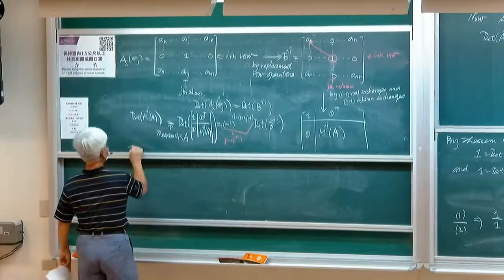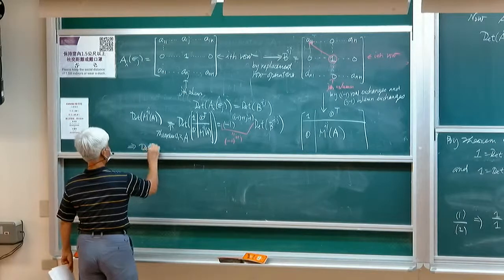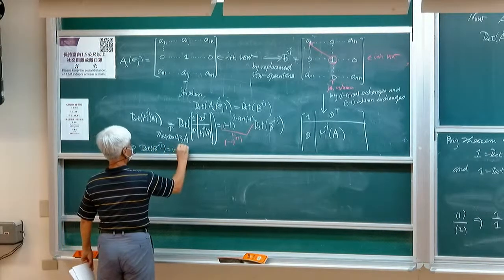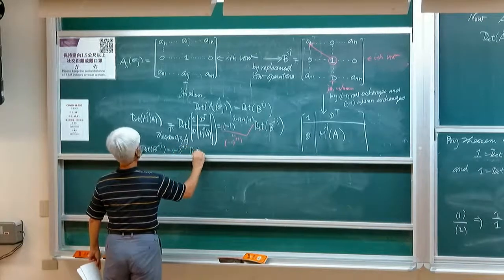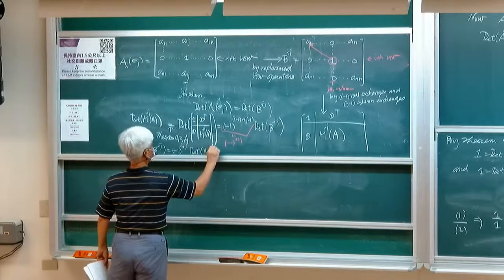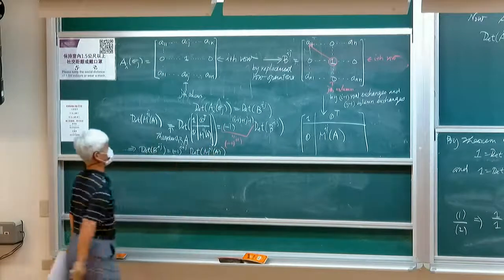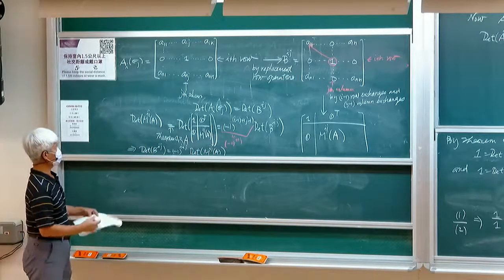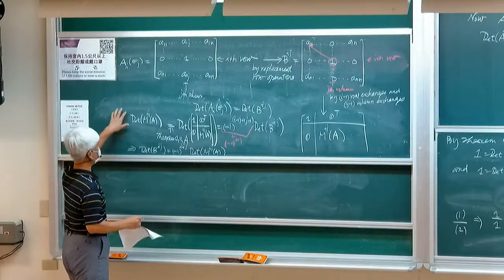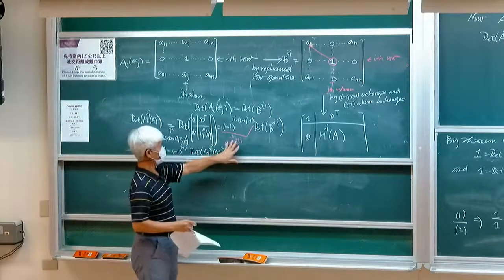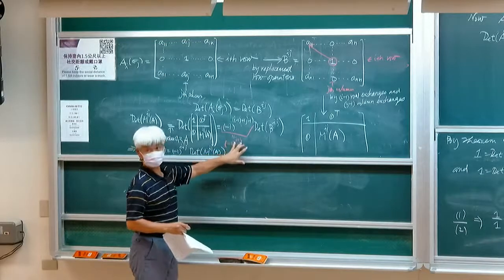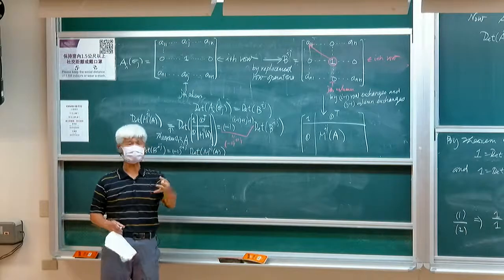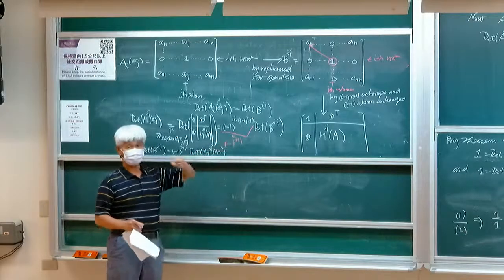So this implies that the determinant of Bij is equal to (-1)^(i+j) times the determinant of Mij A. Because when you multiply (-1)^(i+j) by itself, you have (-1)^(2i+2j), and when the exponent is an even number, -1 to an even number is 1.